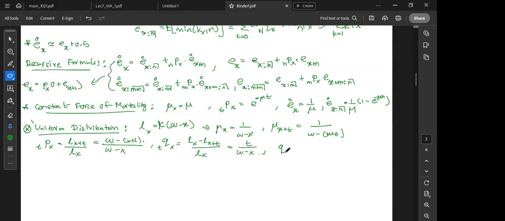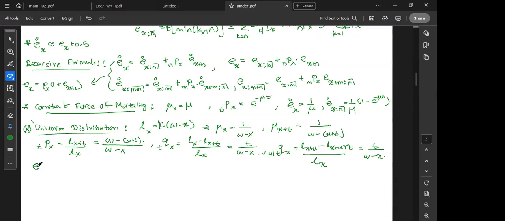The other one was the deferred death probability. The person has survived for u years, so the survivors at age x plus u and survivors at x plus u plus t, divided by the number of survivors at x plus u, also give the same probability.